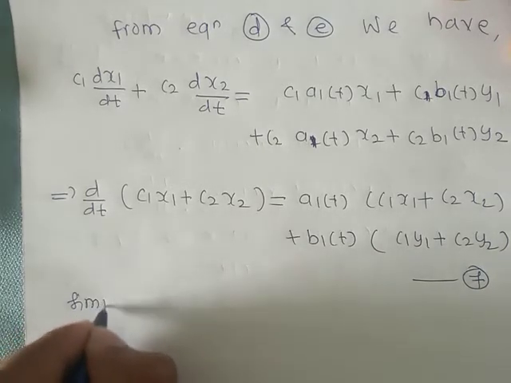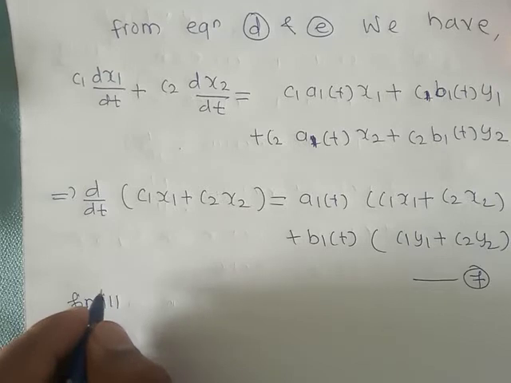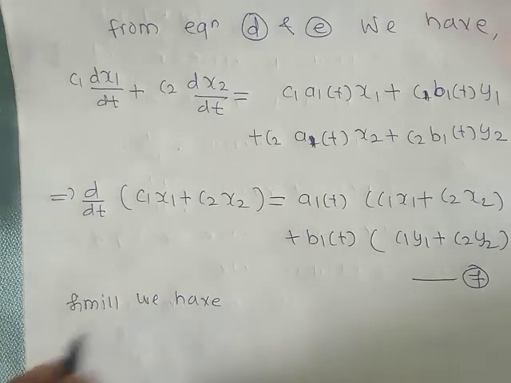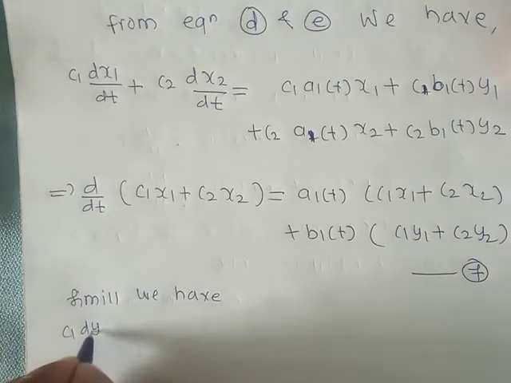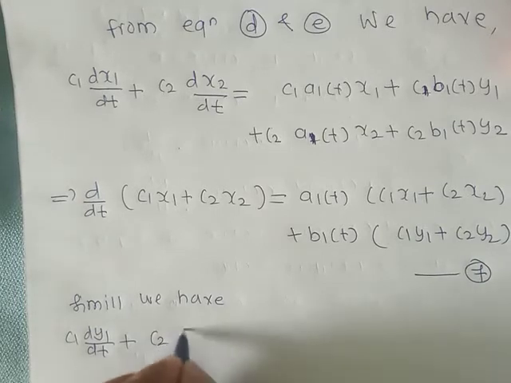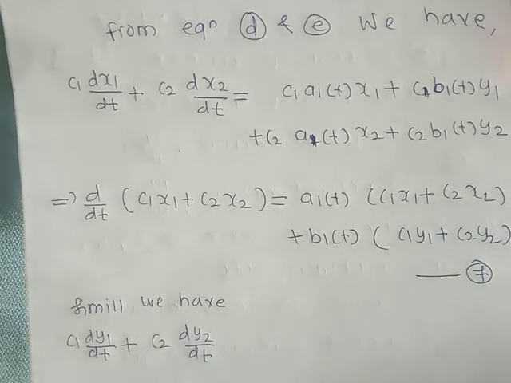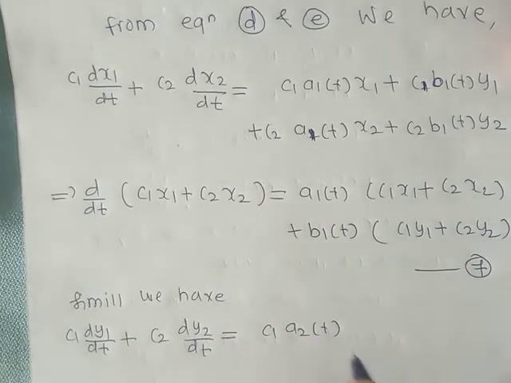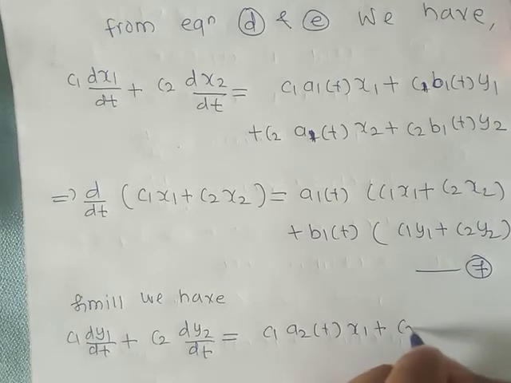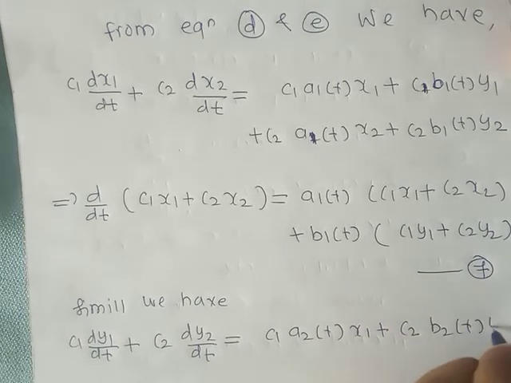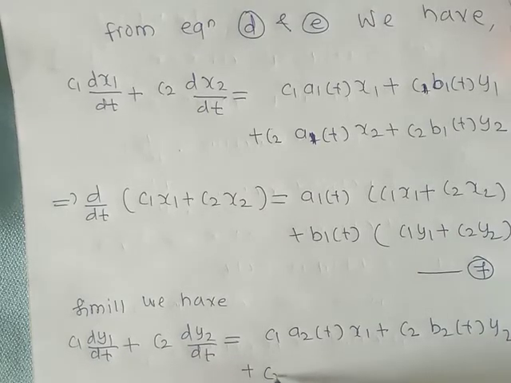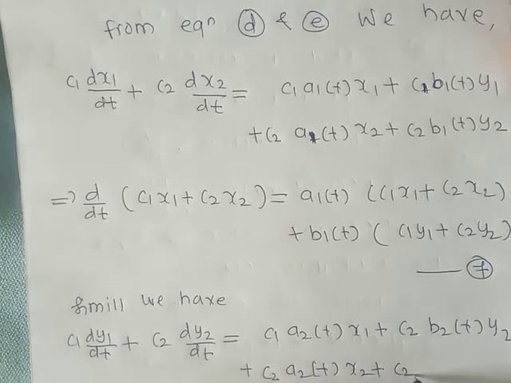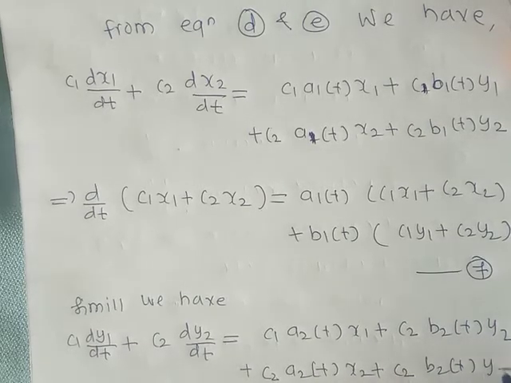Similarly, we have c1 dy1 by dt plus c2 dy2 by dt is equal to c1 a2 of t into x1 plus c1 b2 of t into y1 plus c2 a2 of t into x2 plus c2 b2 of t into y2.